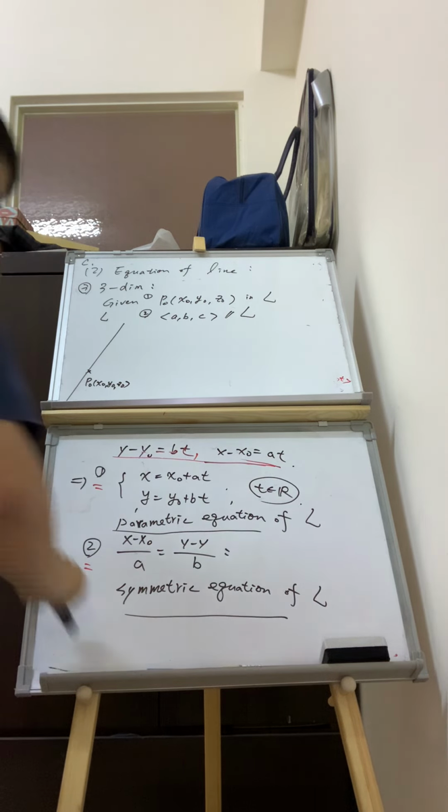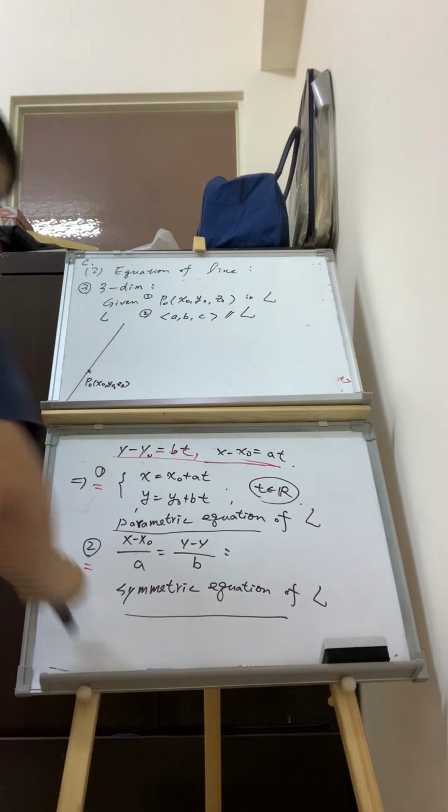So now we could label any point P = (x, y, z) in the line L. Then we know that P0P must be parallel to V. These two vectors are parallel, which means that one vector is a multiple of the other.